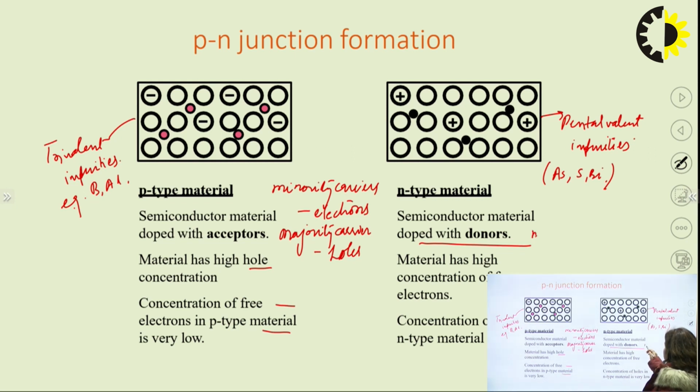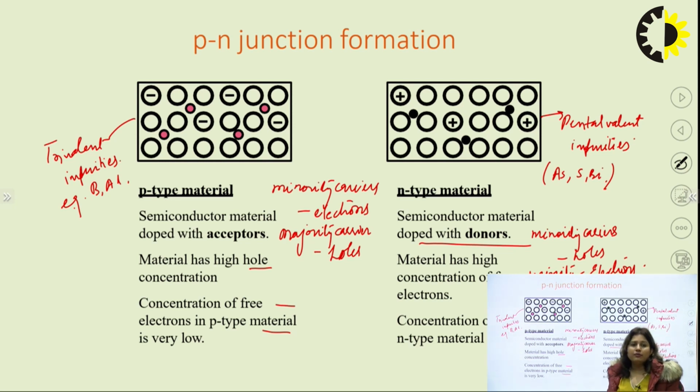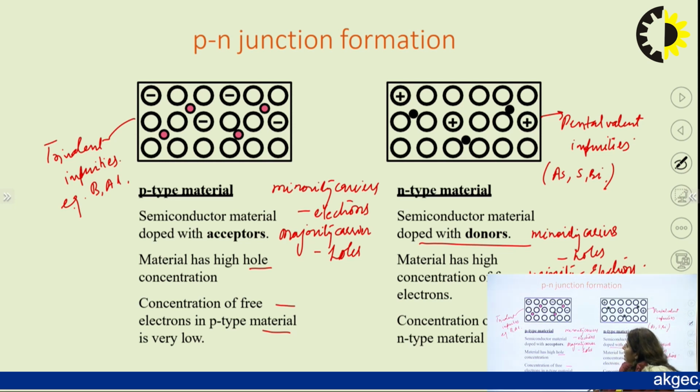So here the minority carriers are holes and majority carriers are electrons. By this way we can distinguish between P type and N type materials. Here the concentration of holes in N type material is very low, and the concentration of electrons is very high. With this we can form a PN junction, which can be useful in various applications as I have discussed.